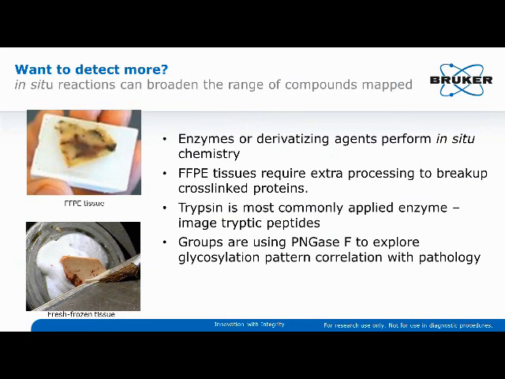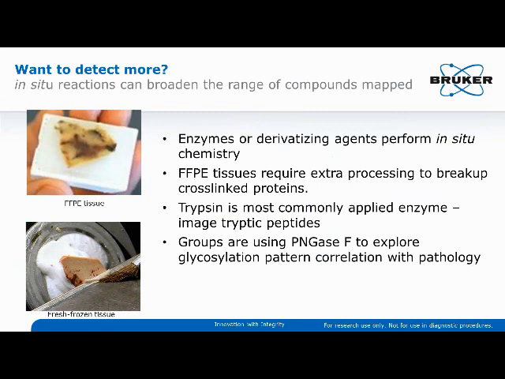In the case of derivatization agents, there are a number of publications that have shown that small metabolite molecules, primary amines, for example, may not ionize very well directly from MALDI, but if you derivatize the amine functionality with a certain compound, it makes them much more amenable to ionization. Similarly, enzymes like trypsin can be applied to tissue. Trypsin will digest the large, more insoluble proteins into more soluble peptides, making them a little bit more readily detected.